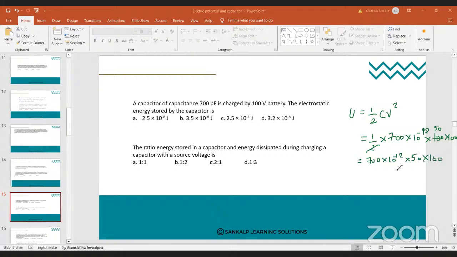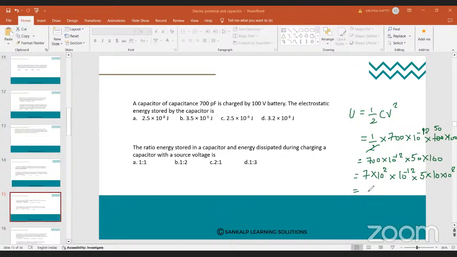Now what I am writing is this 7 and 5 separately. This 7 into, here there are 2 zeros, therefore it becomes 10 raised to 2 into 10 to the power of minus 12 into 5 into, this 10 I'll write separately because 5 into 10 is 50, into 10 to the power of 2. If you do it this way, the calculation becomes easy.